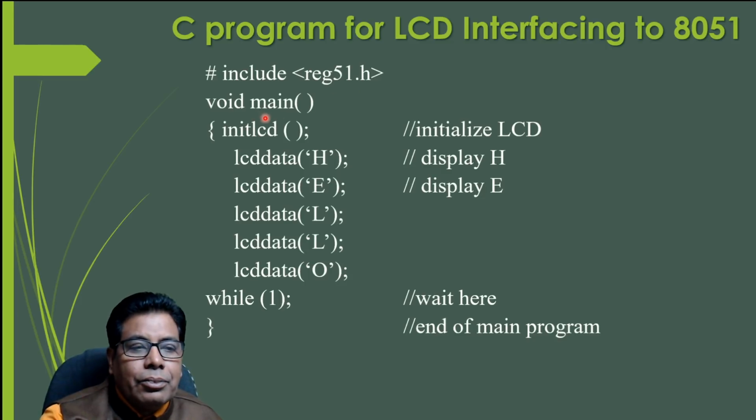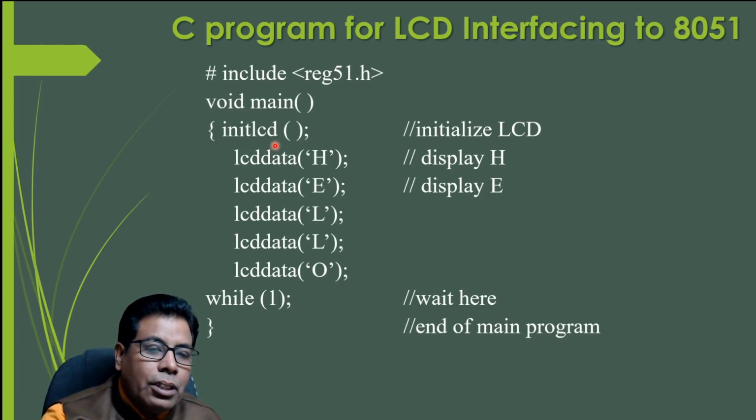Then first we write the main function, void main. So this is the init LCD function, initialize LCD, similar to the initialize LCD subroutine. Here instead of subroutine we have the function.